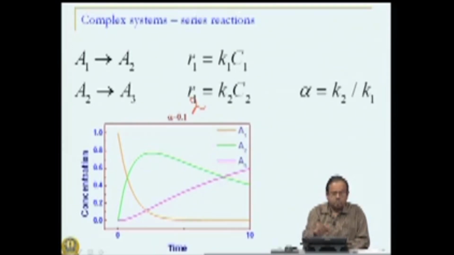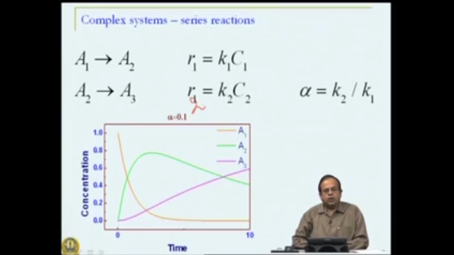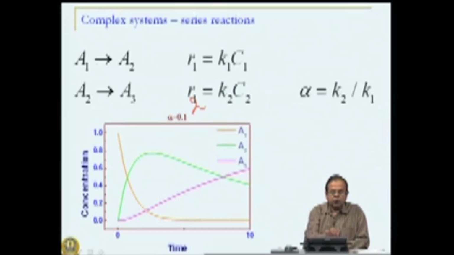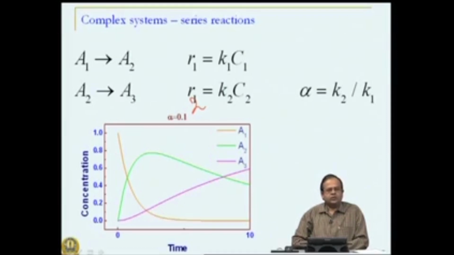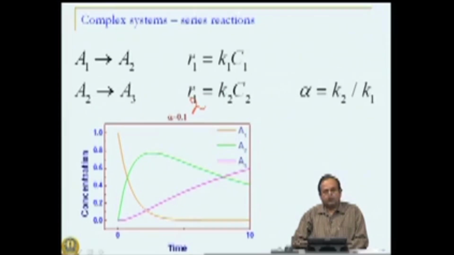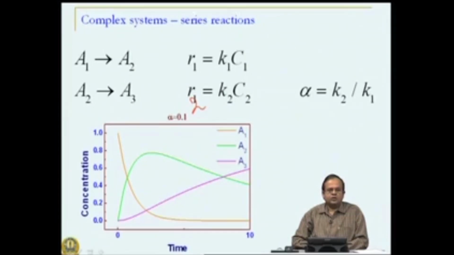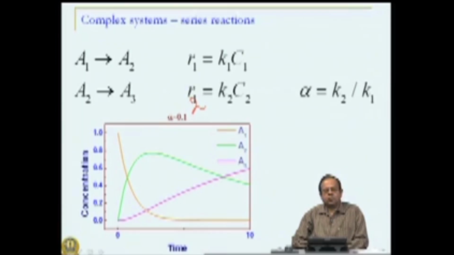R1 is K1 C1, R2 is K2 C2, and for the sake of argument for this discussion, let us say that we are conducting this reaction in a batch reactor.